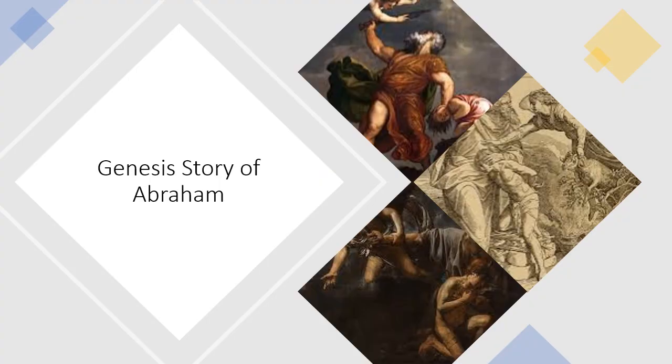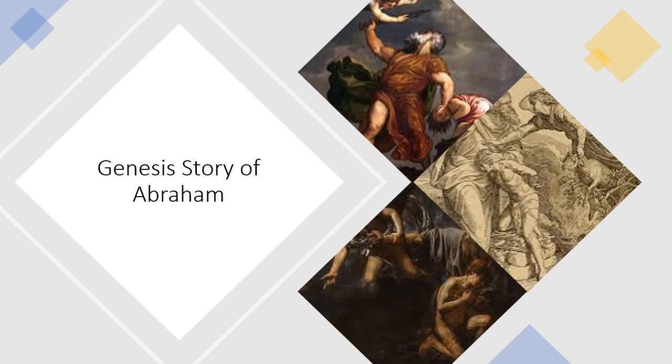And so, bearing these differences in mind, I think it's helpful for us to go ahead and look at the story that you had for today, the story that's found in Genesis about Abraham and Isaac. And what I want to point out is that three of the world's biggest religions, Judaism, Islam, and Christianity, all have a shared view of Abraham as the father of many nations.